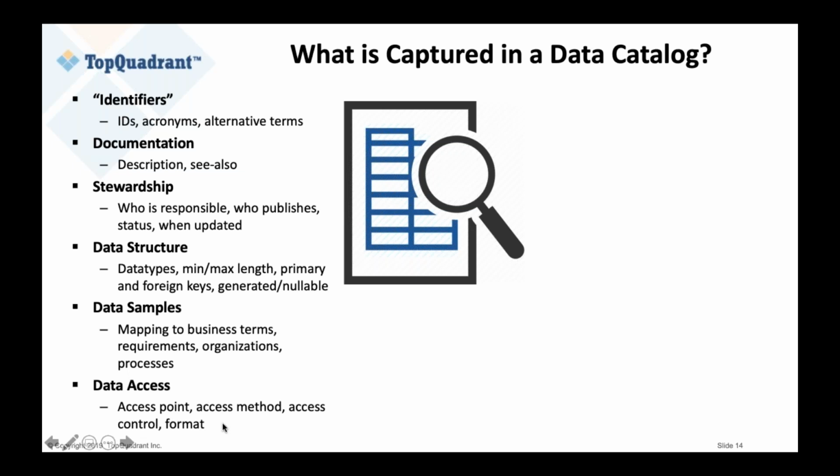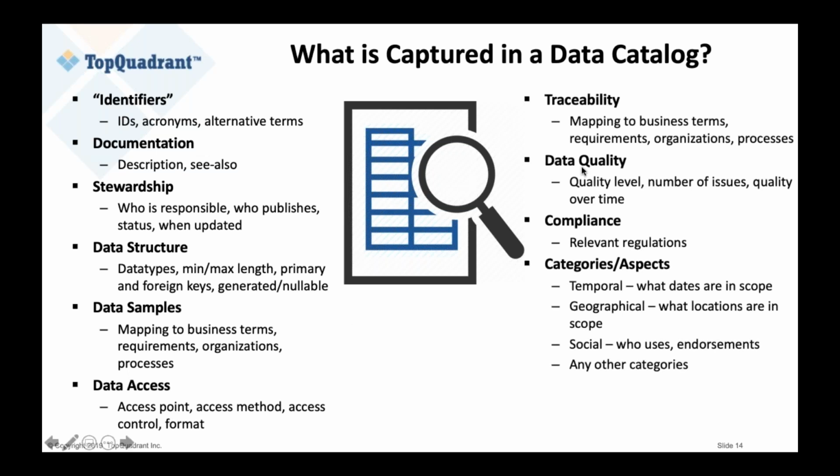Data access is another type of information that you see in the data catalog, and that could include not just a link to the access point, but actually more expanded information about the method of access, the kind of format that you will get by downloading a data set, maybe APIs that you could use to access a particular data source.